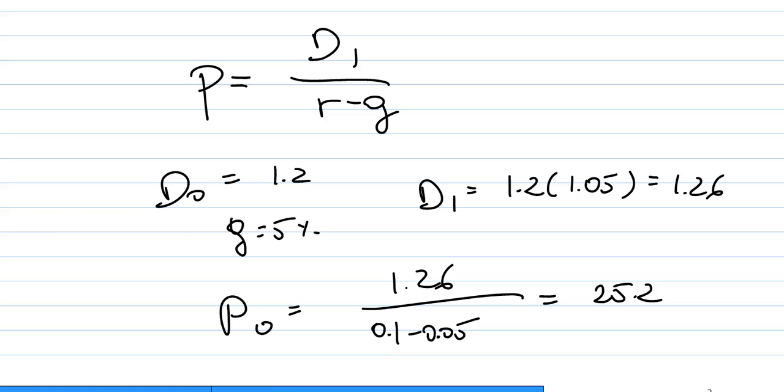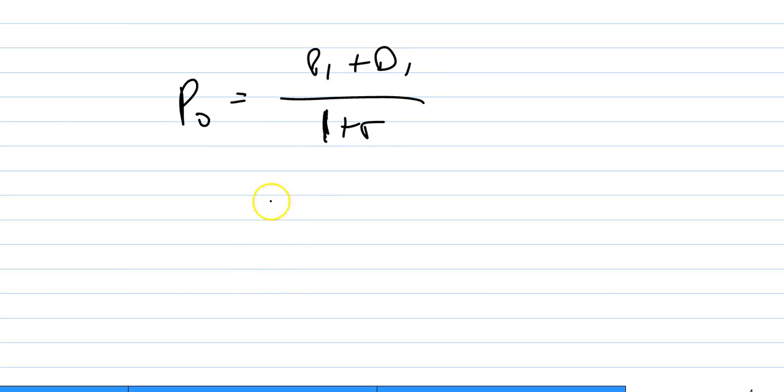So this is similar to the problem we did a moment ago. The price of the stock today is the present value of future cash flows. In this case, we know price in year 1, we know dividend in year 1, and we're going to have to just discount it once.